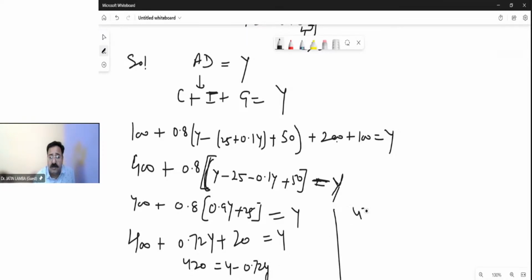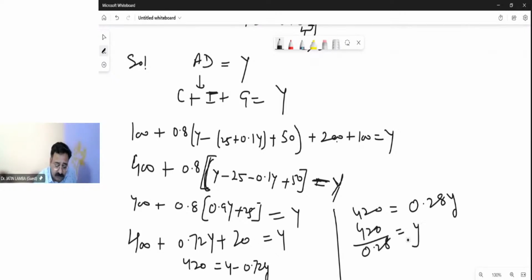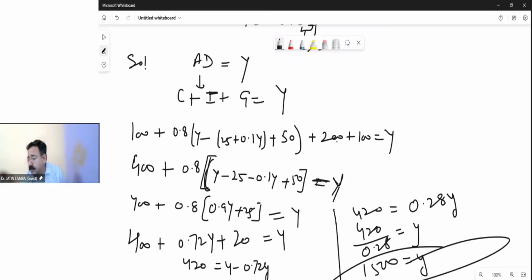So 420 is equal to y minus 0.72y, that is 0.28y. 420 divided by 0.28 is 1500. So 1500 will be the equilibrium level of income.